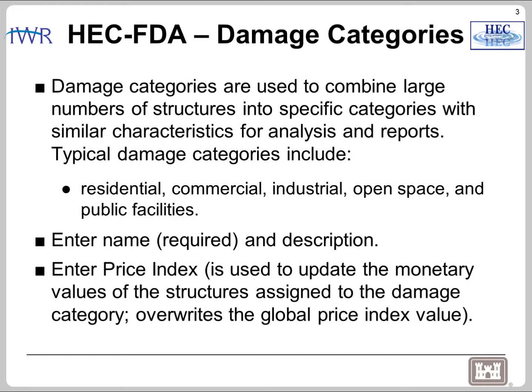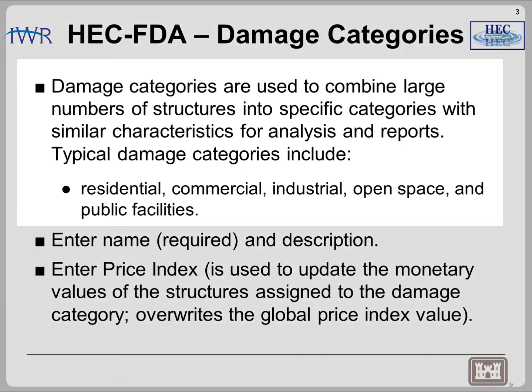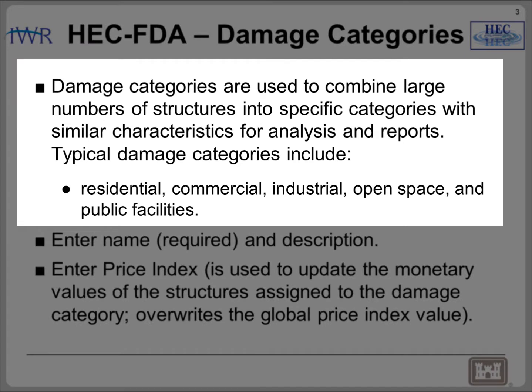After you complete the first part of the workshop and generate estimates in uncertainty in the values of the residential structures, you will move on to HEC-FDA. There you will create damage categories. These damage categories are used to aggregate or combine a large number of structures that have similar characteristics.